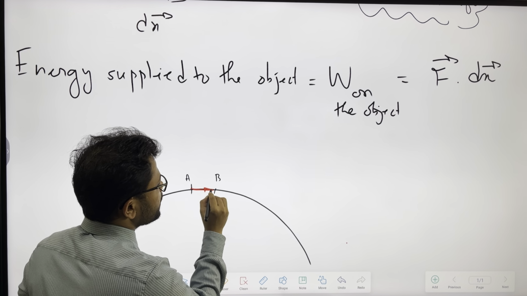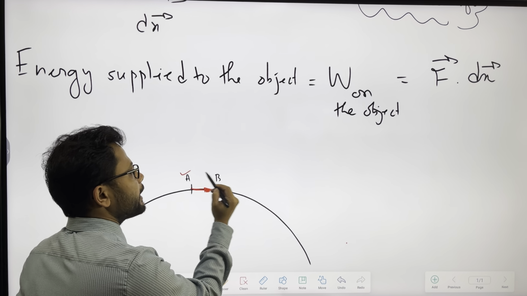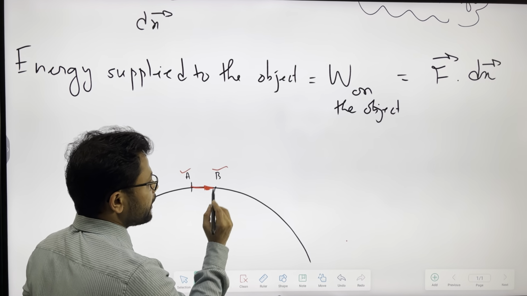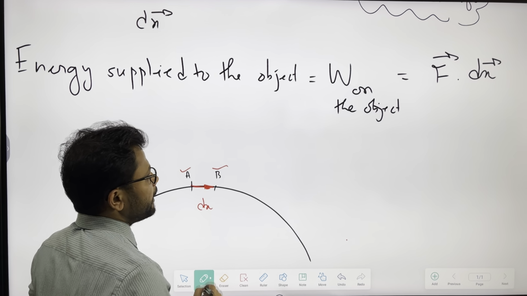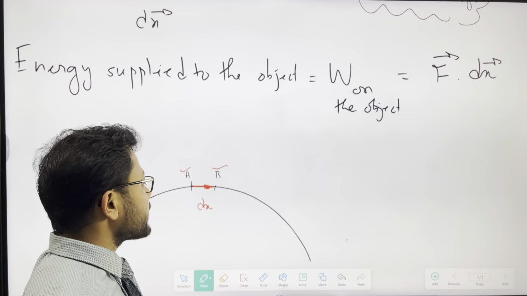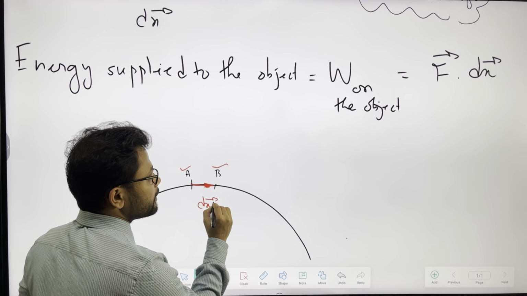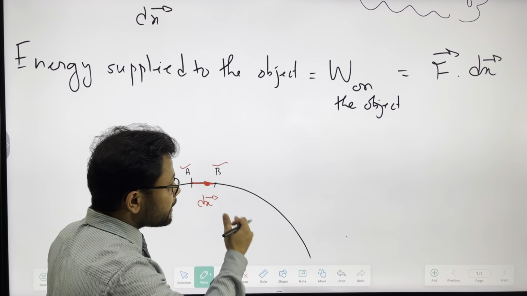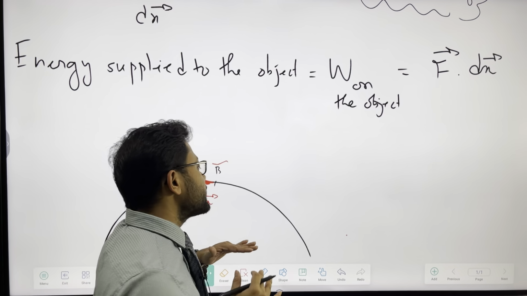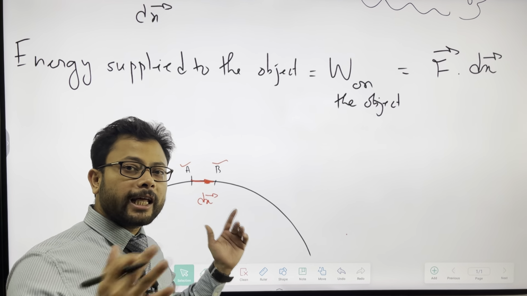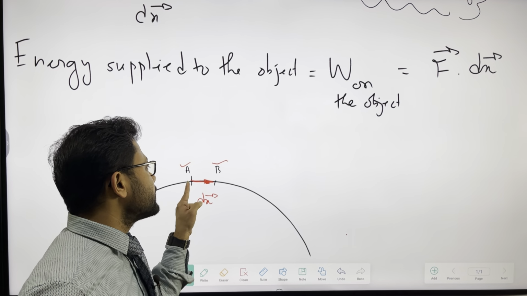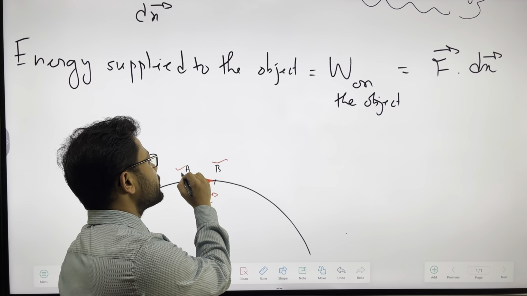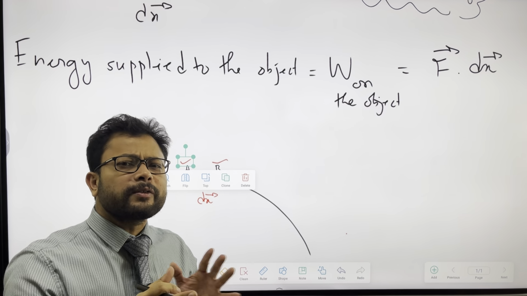Let's name the length of this straight line dx. If we imagine it as a vector, it is the dx vector. And if the circle is very, very big, then the separation between A and B is going to be a straight line.